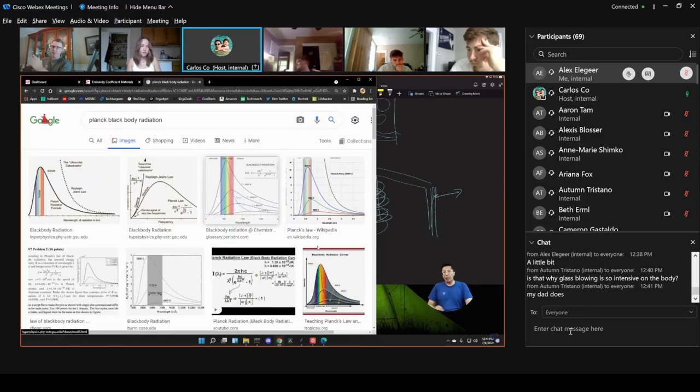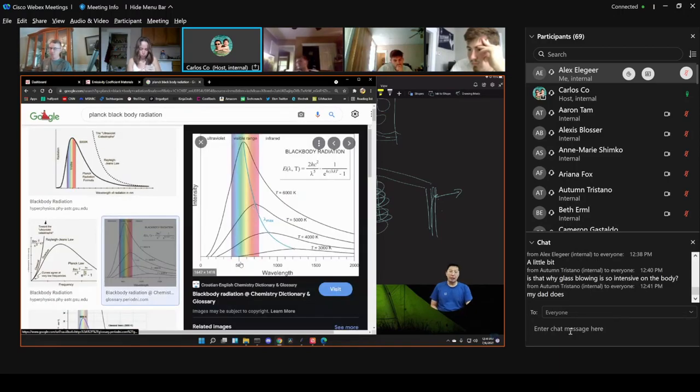Because as you go up to higher and higher temperatures, notice that the peak, the range of wavelengths, goes all the way to the UV regime, right? At very high temperatures, this peak shifts towards shorter and shorter wavelengths.